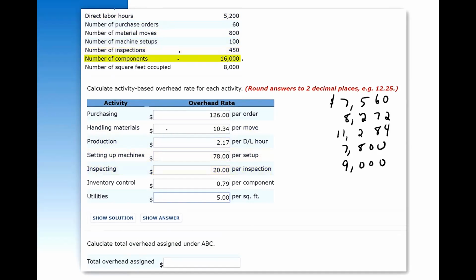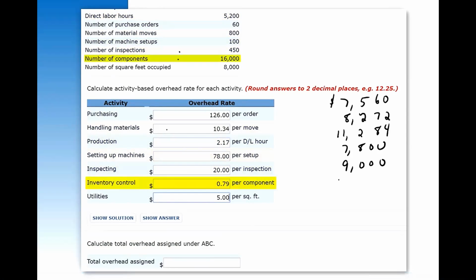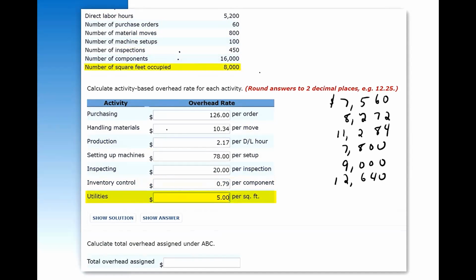Number of components is 16,000 components times the rate of 79 cents per component, 12,640. And finally, the utilities, we take the number of square feet occupied for this job of 8,000 times the rate of $5, gives us 40,000. The total then would be 96,556.